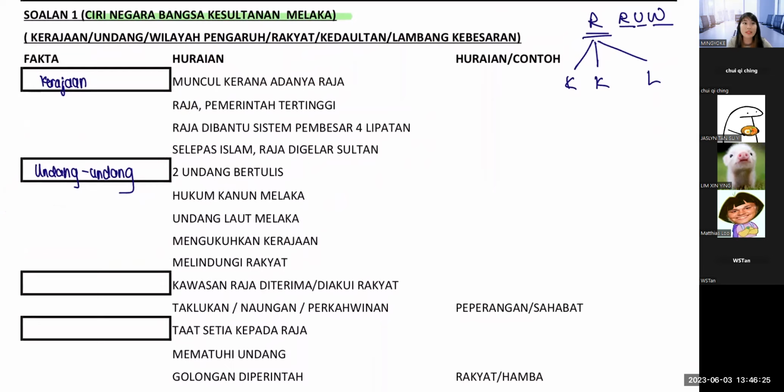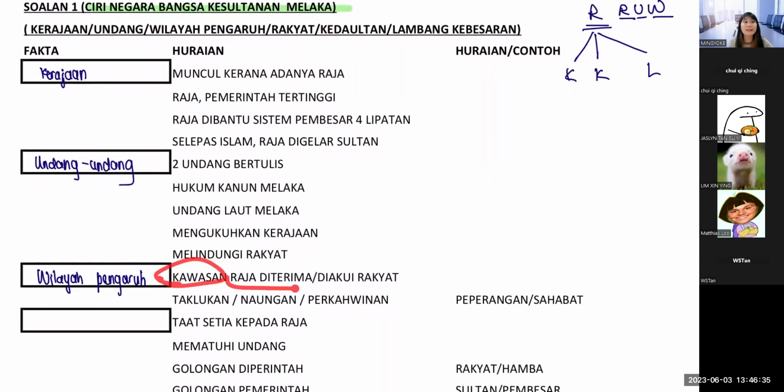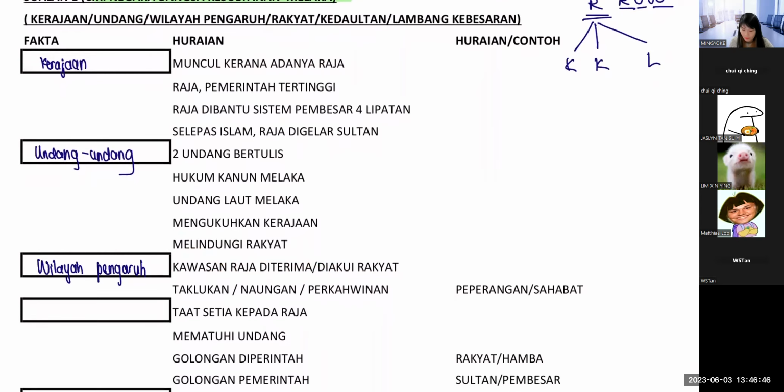Which you don't understand, please ask. Wilayah pengaruh is a place where the king were accepted or approved by the citizen. And the wilayah pengaruh can be through melalui conquering, taklukan.